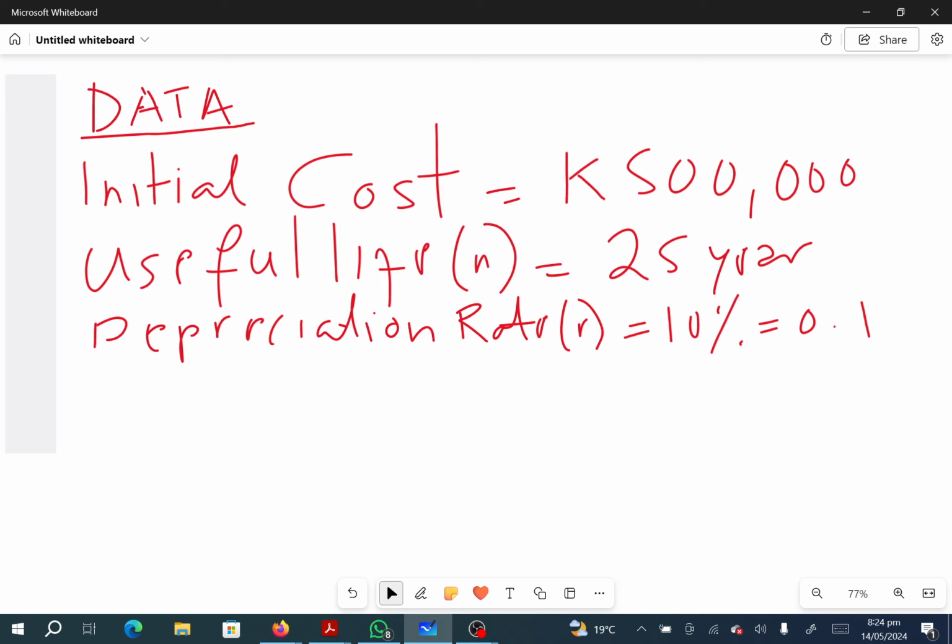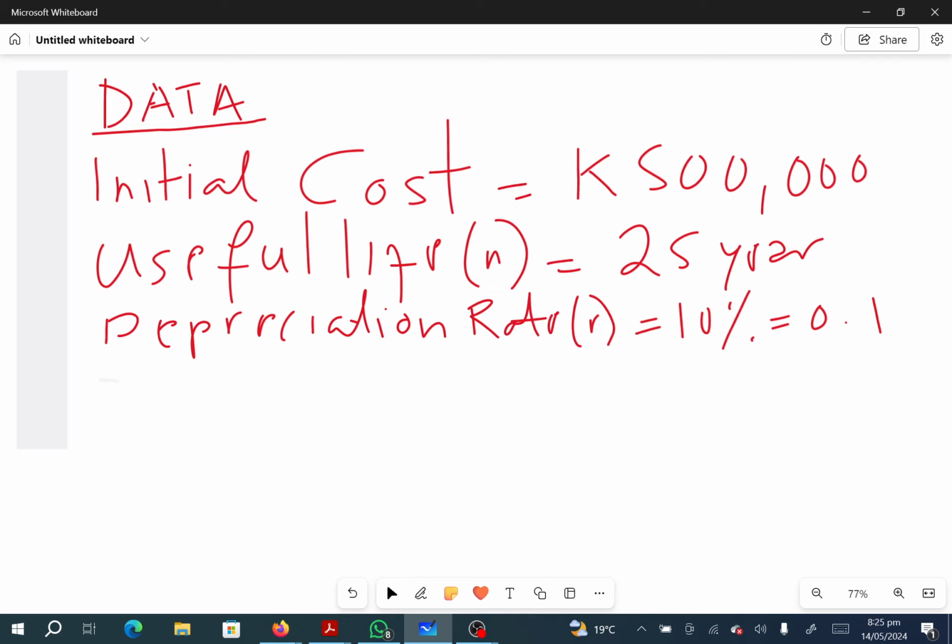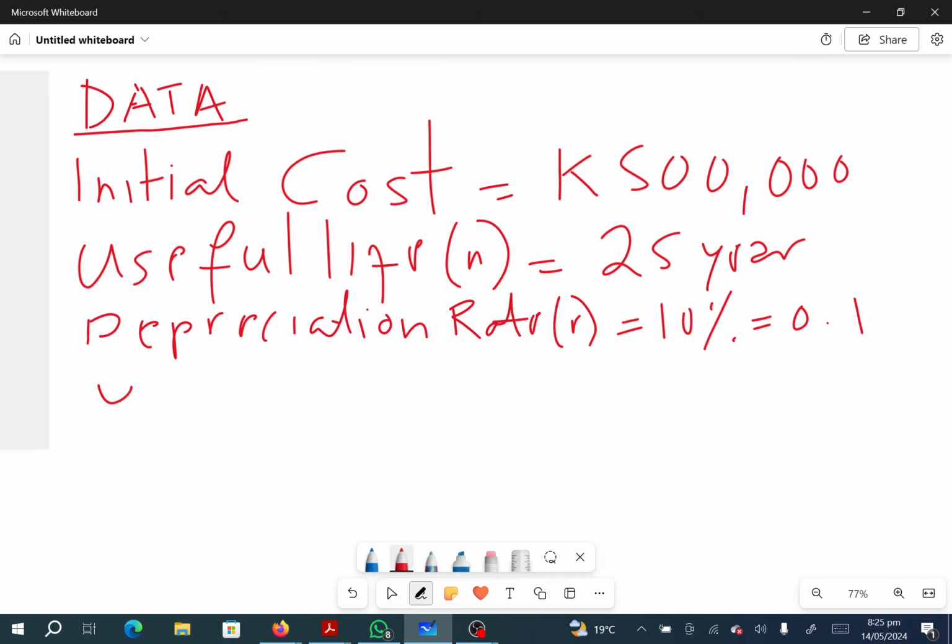Since the initial cost is 500,000, the useful life is 25 years, and the depreciation rate is 10%, we can say year one. This is now our working.